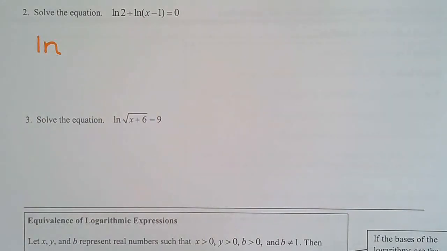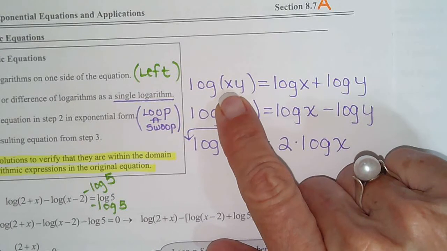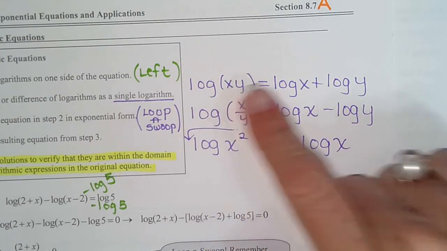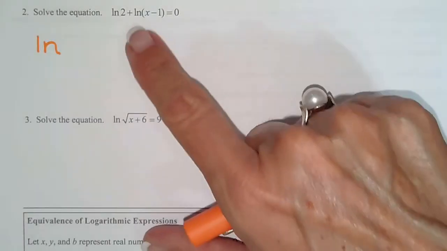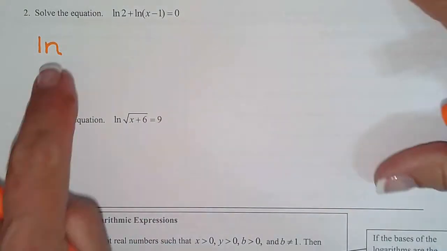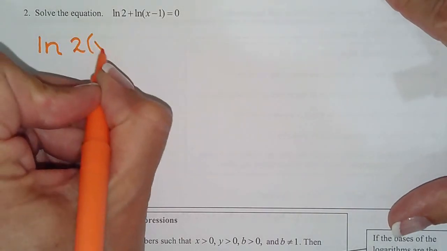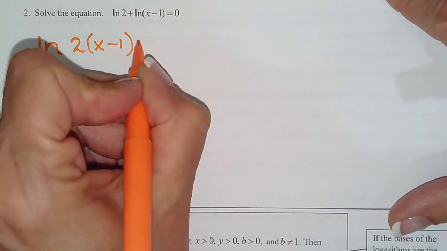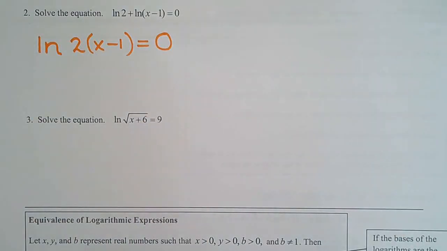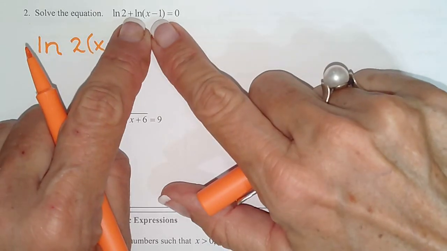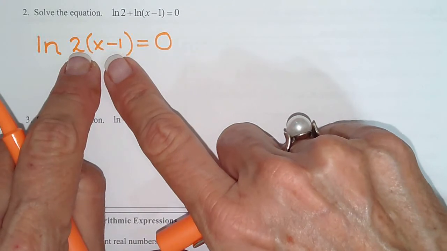So addition goes backwards into a single log of multiplication, and that's what I have here. So I write the word log once, and I multiply the arguments. That's what we learned in 8.6 with all the properties of logarithms.